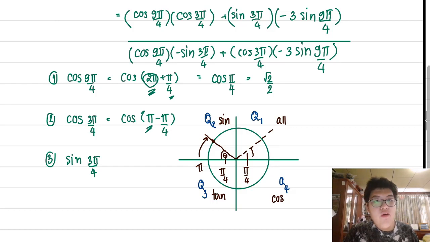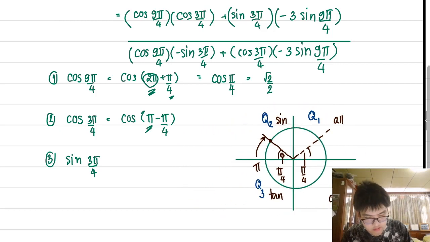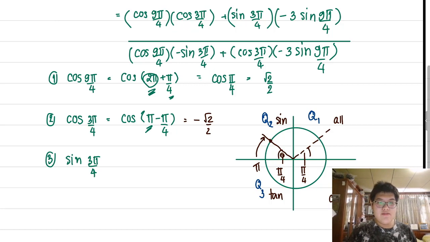Cosine of pi over 4 is square root 2 over 2, like sine of pi over 4, but it has a difference in the sign in front of the value. In this case it's cosine, which is not positive; only sine is positive. That's why cosine of 3 pi over 4 equals negative square root 2 over 2.